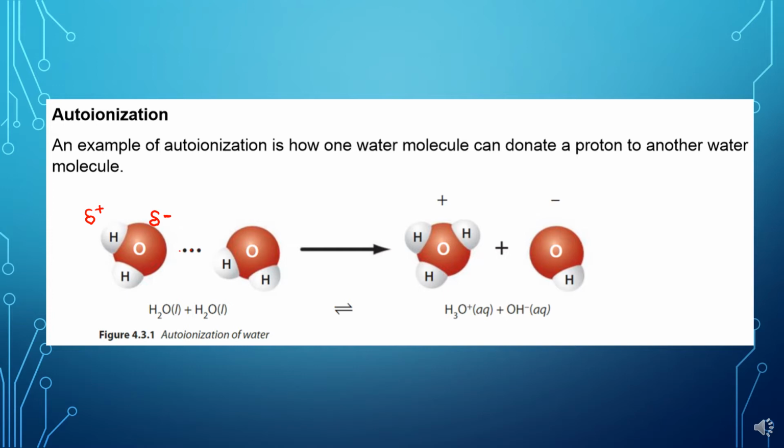In rare cases, there's enough attraction in a hydrogen bond to actually rip one of those hydrogens away and ionize both those molecules. So you'll see here that we create a hydronium ion and a hydroxide ion just from having two water molecules come into contact with one another. That's the auto-ionization of water.